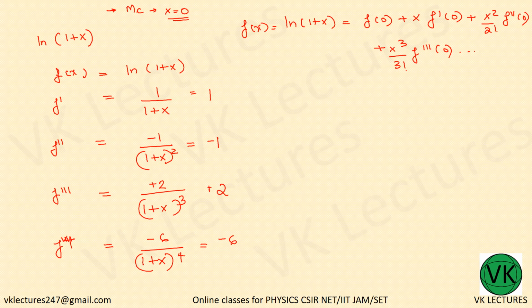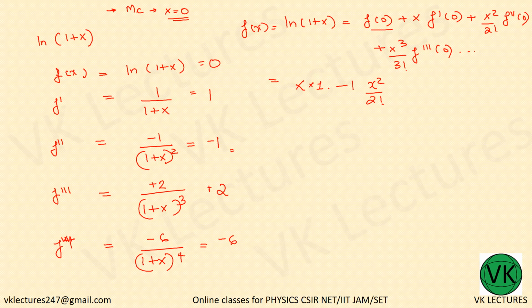Now let us equate all this. Now f of 0 is log of 1, that is equal to 0, so need not consider. So x into f dash of 0, that's 1 into 1, then the next term is minus 1 into x square divided by 2 factorial into f double dash of 0, that we already took into consideration.